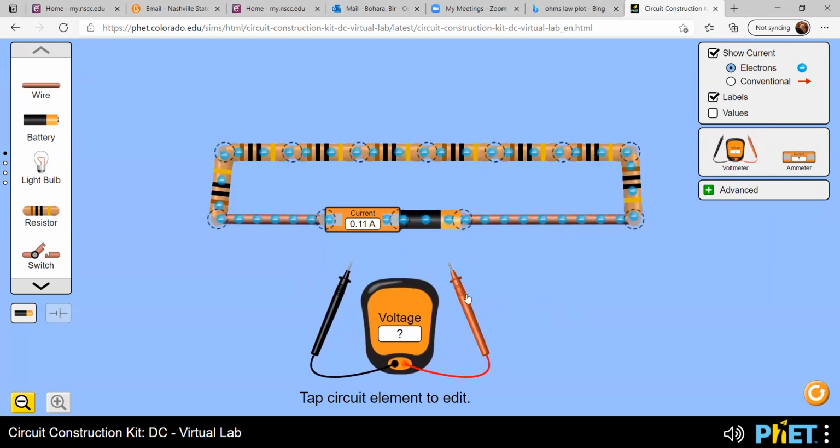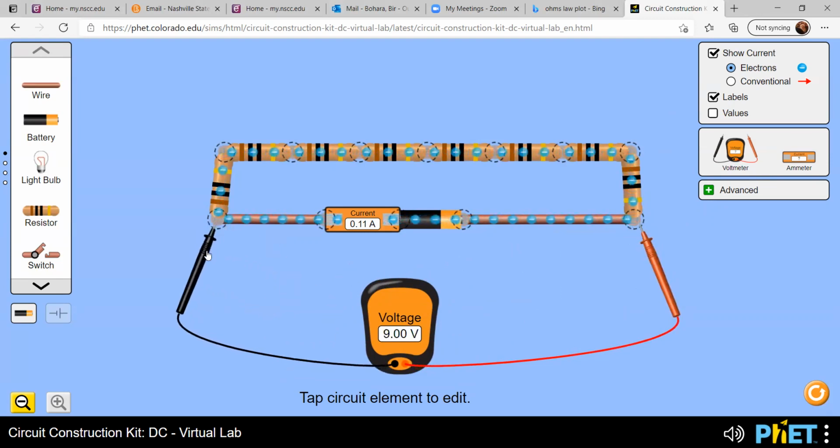So this one should be connected across the resistance rheostat right here, right? So right now we are keeping resistance constant, which is 80, right?